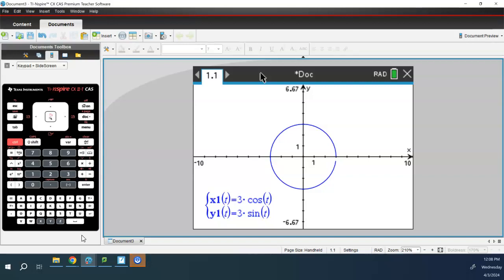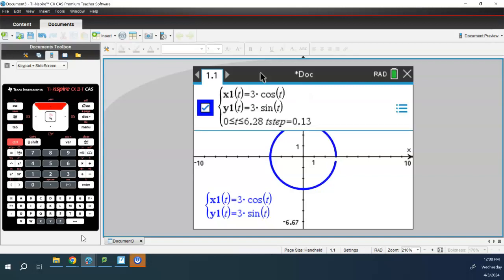So let me come to here, tab. If you hit tab, that opens up the equation portion of it. Okay? And then if you scroll up, it takes you to the last function that you have. Okay? And then if we go down over here. So right now we're at 2 pi. Let's go to something different.